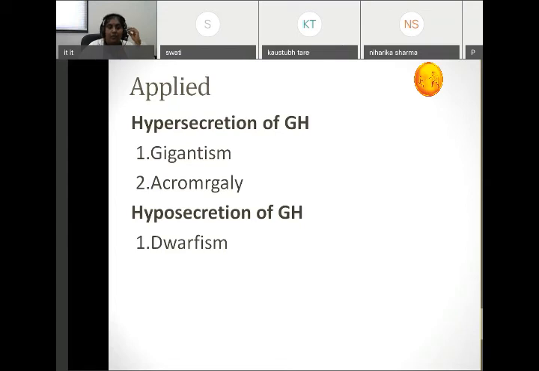Third is protruding supraorbital ridges. Nose becomes twice the normal. And the lower jaw is protruded. Also, the soft tissues like tongue, kidney, liver may also enlarge.